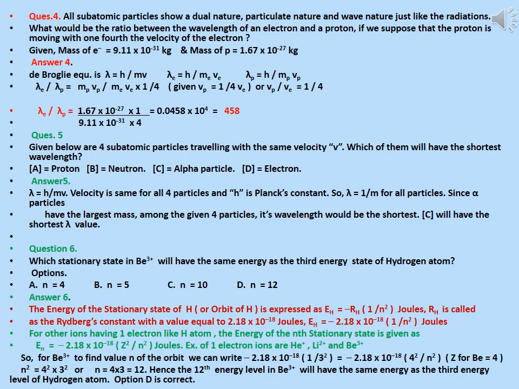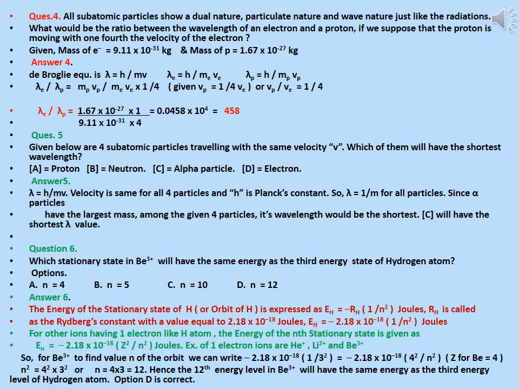So, for other ions having one electron like hydrogen atom, meaning all other one electron species, the energy of the nth stationary state is given by the expression En is equal to minus 2.18 into 10 power minus 18 into Z square by n square.